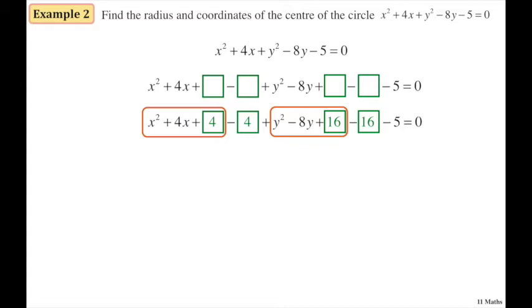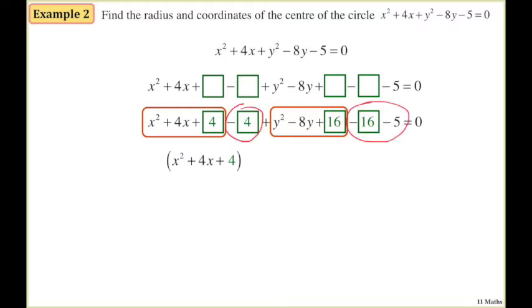I've put little orange borders around the important x parts and the important y parts. Let's factorize that first orange box. Numbers that multiply to give 4 and add to give 4 are 2 and 2, and remember the answer will always be half of that number. I haven't factorized that yet, we will in a moment. What I do first is tidy up these number parts, looking at the -4, the -16 and the -5.